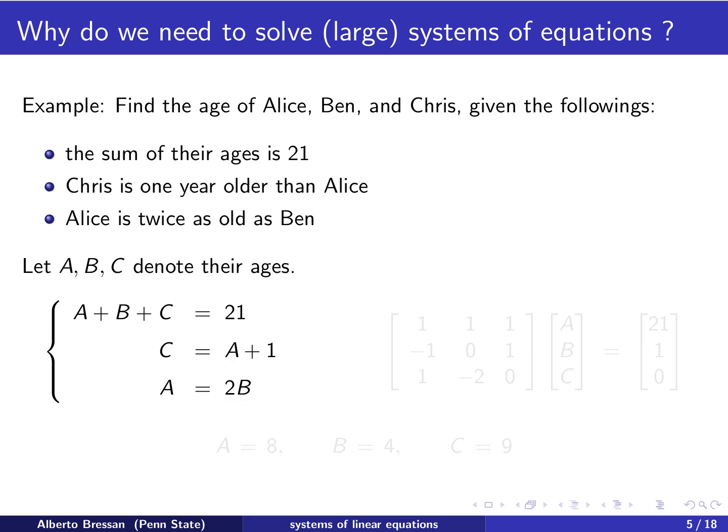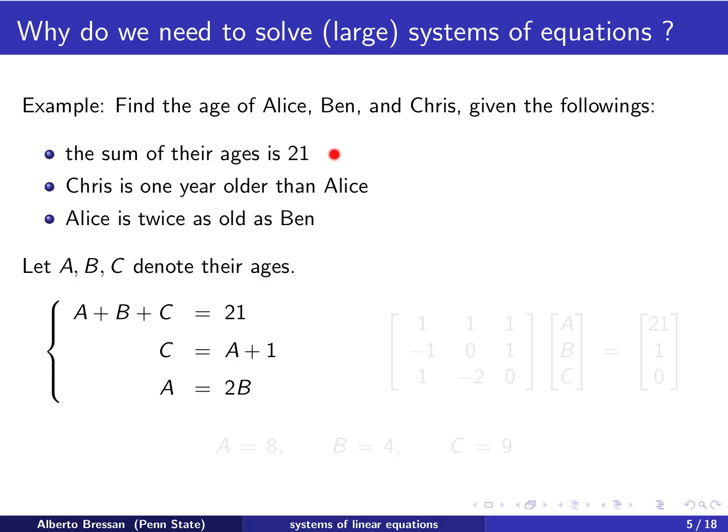Okay, so let's set up a mathematical model equivalent to this word problem. Let's call capital A, B, and C the ages of these 3 people, Alice, Ben, and Chris, conveniently. And then we write out these given assumptions as equations.